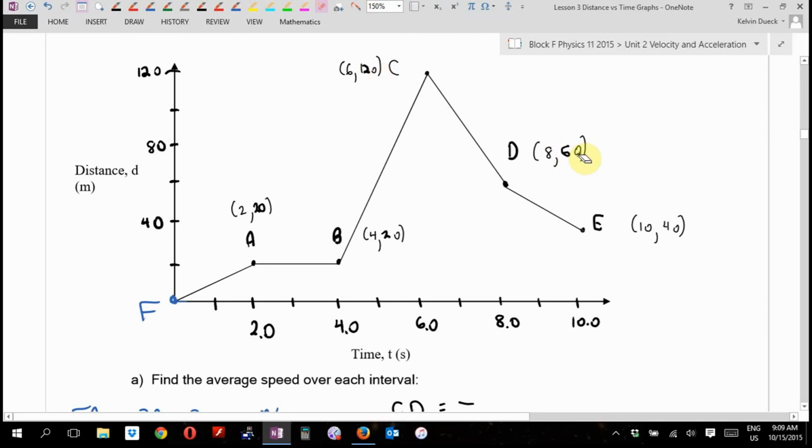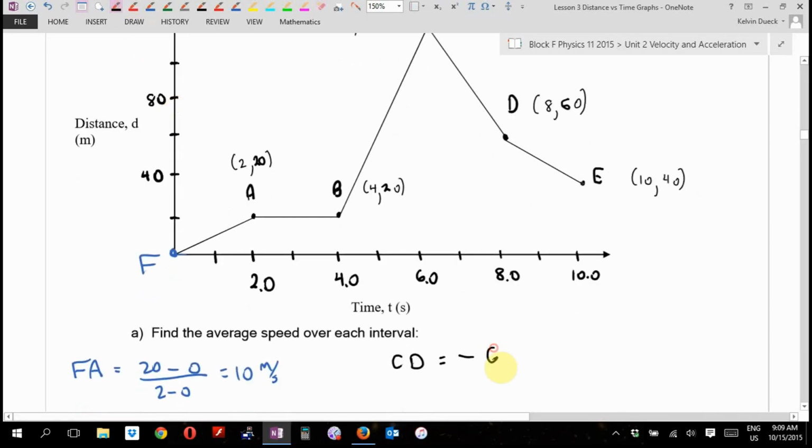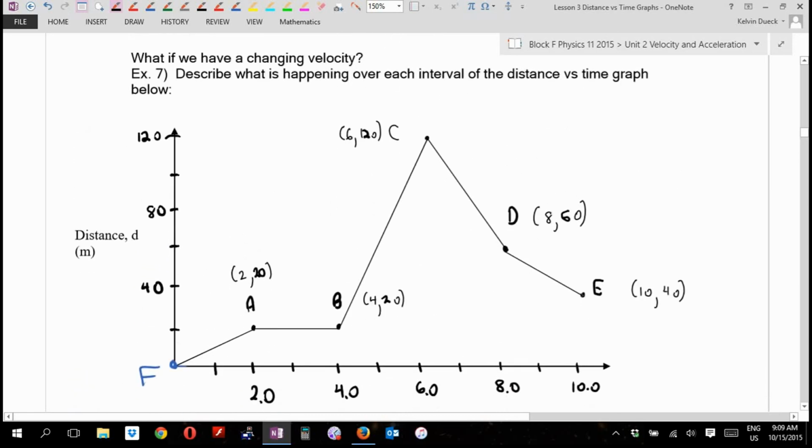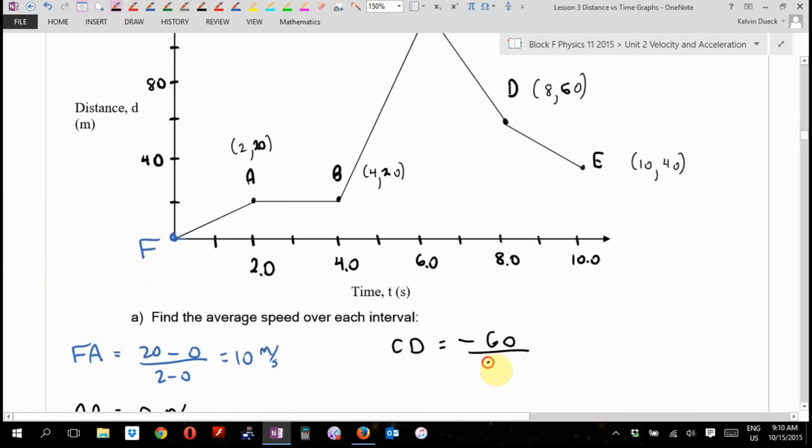What's the rise? 60. Technically negative 60. I already wrote the negative, so I'm just going to say the rise is 60 over what's the run? 8 seconds. Drop down. I gave it to you, but you can also drop down. 6 seconds. What's the run? 2 seconds. In your head?